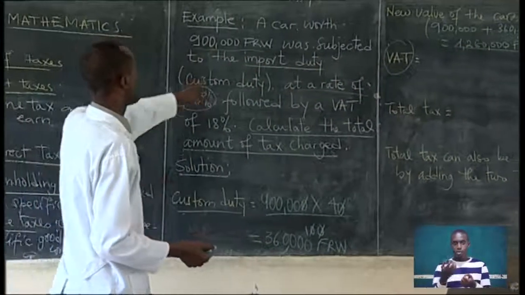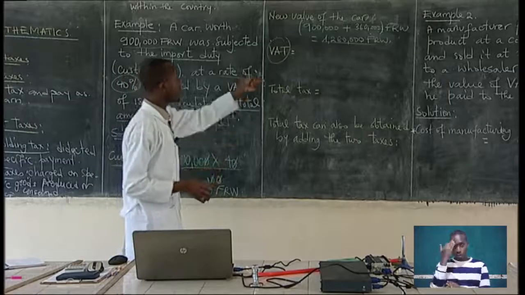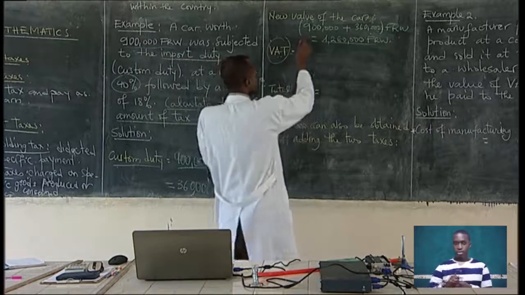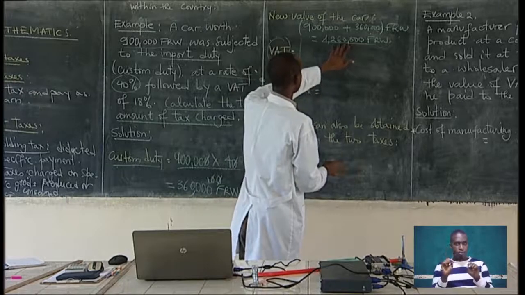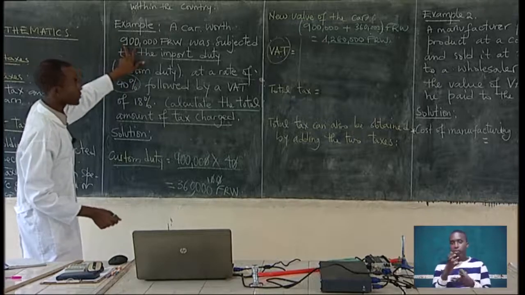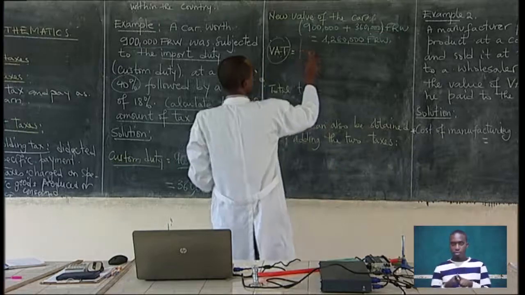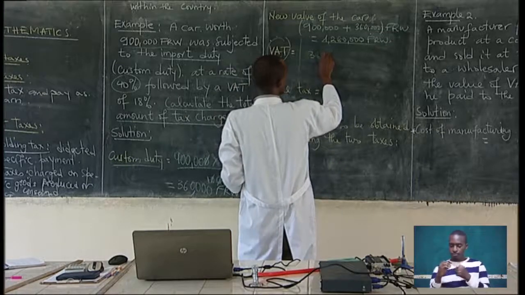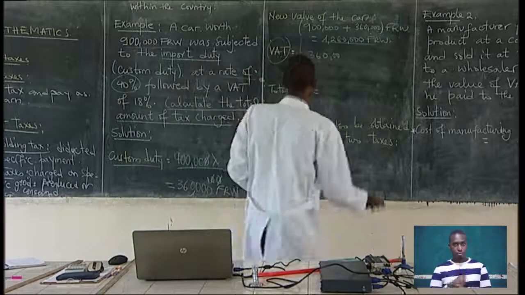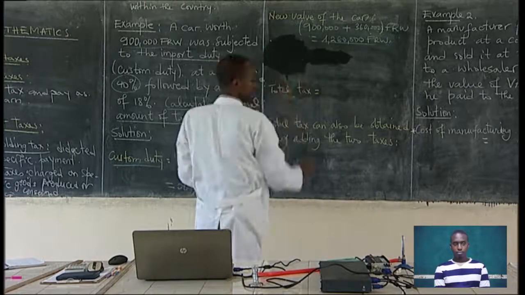You take away the money that was before, and then because we call it the VAT, the value added tax, we need first of all to have that amount, and you take away this one, and of course you will get this. If you take this, you will have now 360,000 as the VAT.